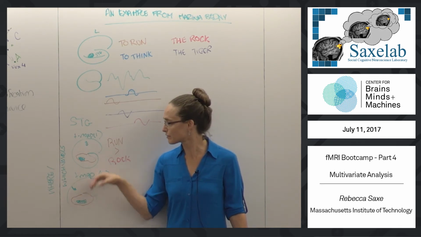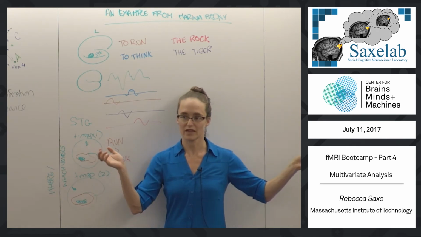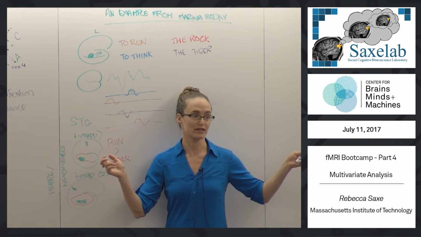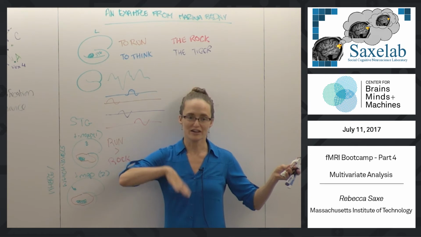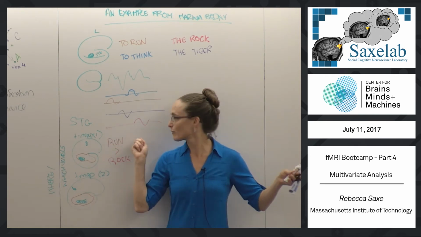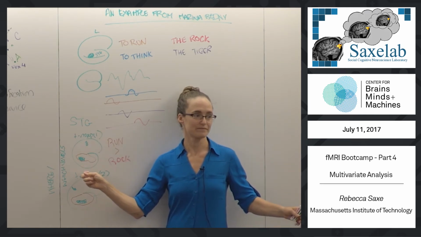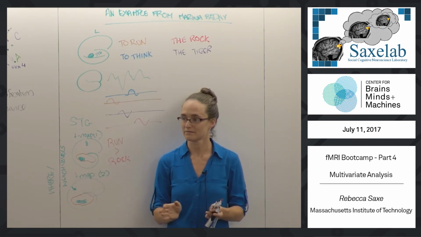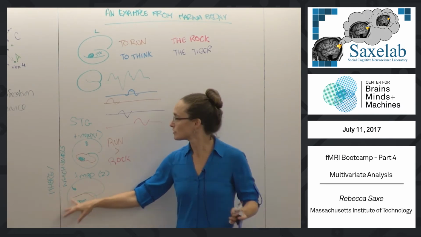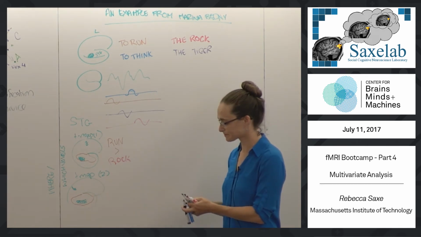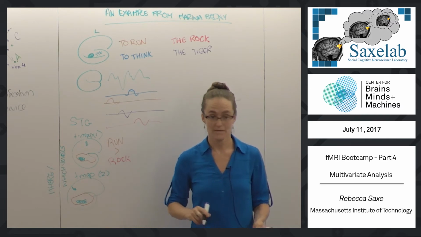But that brown line, the anatomical constraint, almost every lab applies in some way, either formally or informally, either anatomically or in some other way. You say it's only the STG if it's the voxels in this person that respond more to running than rocks that are in the STG. And that's my voxels that I'm studying. Questions? Okay. For each person, we have a set of voxels. And then we ask the univariate question, how much?